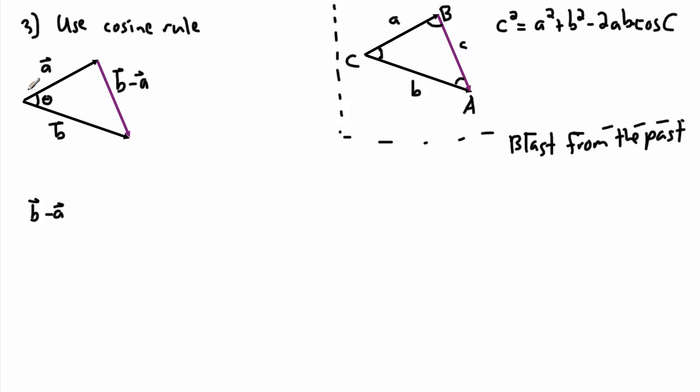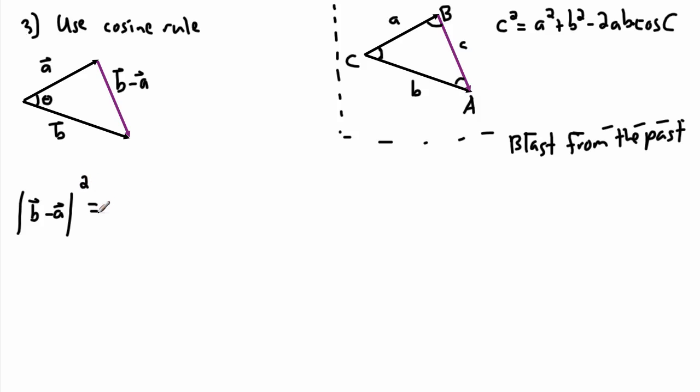Even worse than that, because this is a vector, this is a vector, this is a vector, but I need to know its length. How do we find the length of a vector? We do the magnitude. So we've got to do this thing. Remember what this thing means: that's the square root of the sum of the squares. Oh, God. So yes, we're going to do the magnitude of b minus a, and we've got to take that thing and square it.